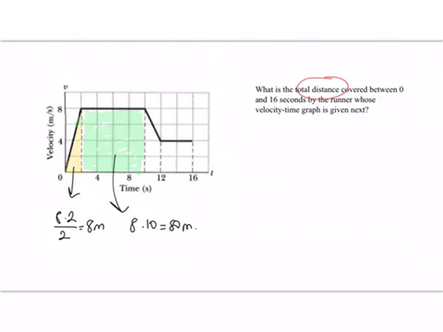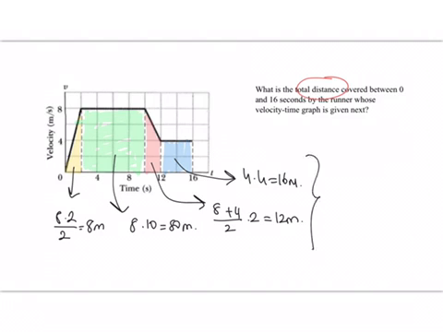Between 10 to 12 seconds, this shaded area will be the displacement, which is equal to 8 plus 4 over 2 times 2, 12 meters. And the last part, between 12 and 16, this shaded area, which is equal to 4 times 4, 16 meters, is the displacement taken.